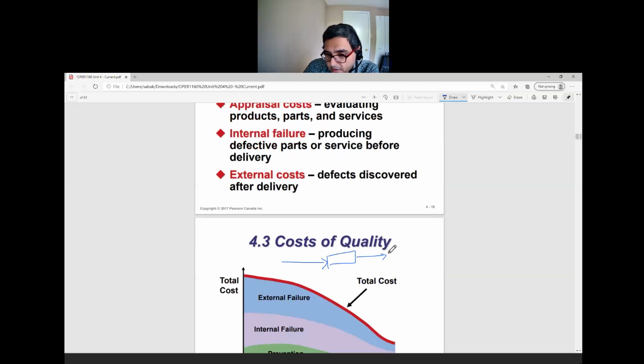At the output stage, I am planning to put a quality manager in my company, and from here it goes to my customer. So the quality manager is standing in between the finished product and the customer.